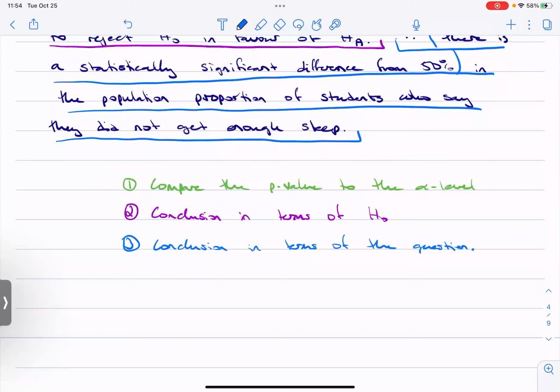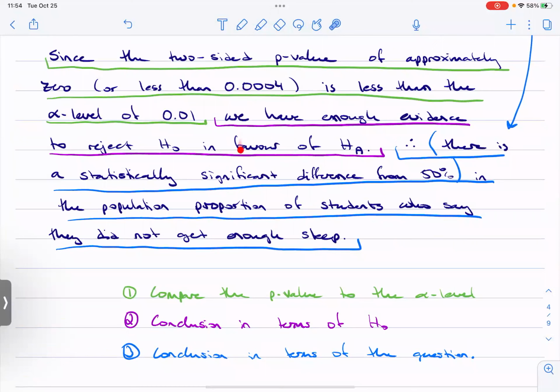Now, because I'm reading and marking these, if you mess up and tell me that the p-value is less than the alpha level, even if it isn't, as long as you follow through with what that means in terms of the null hypothesis, and then what that means in terms of your conclusion, then I can give you most of those marks. So just be consistent.